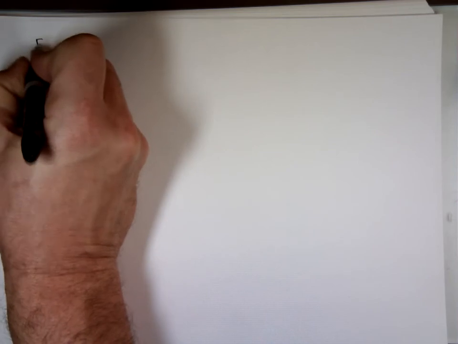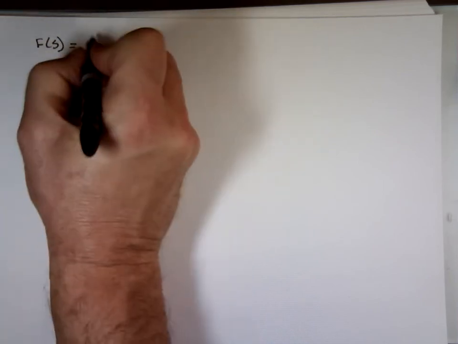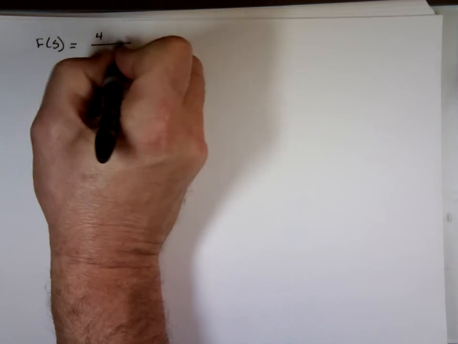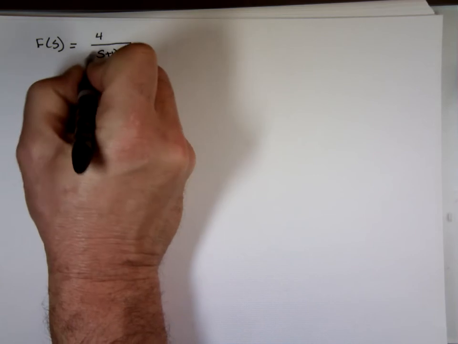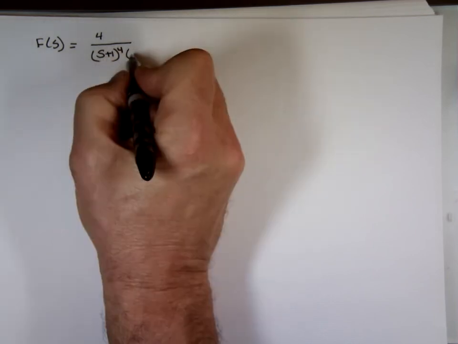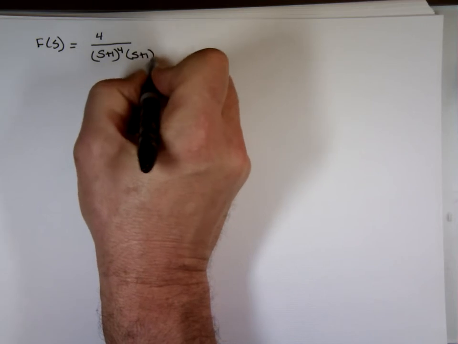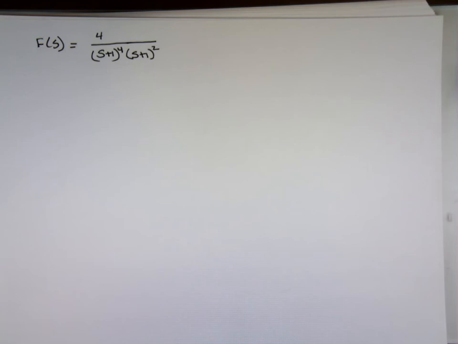F of s equals 4 over s plus 1 to the 4th, s plus 1 squared. Two sets of repeated roots.